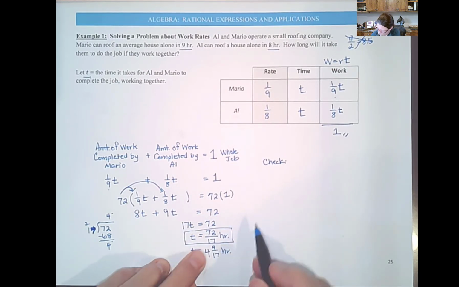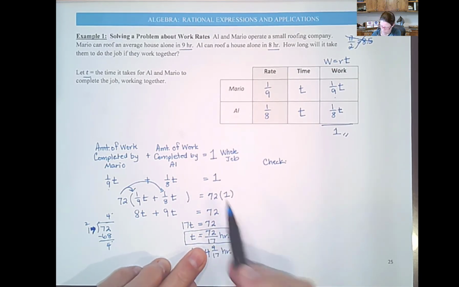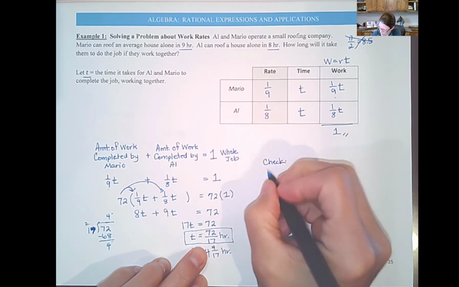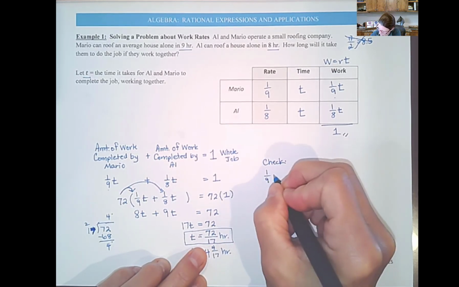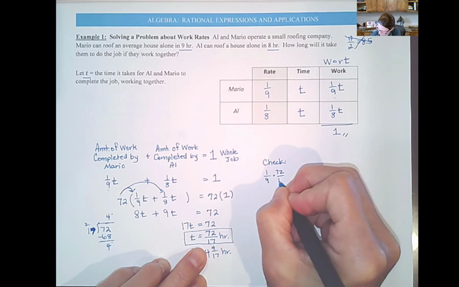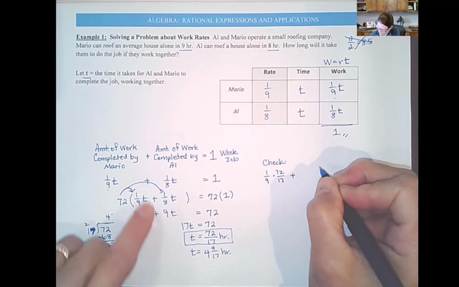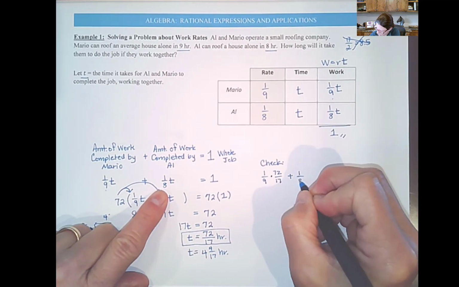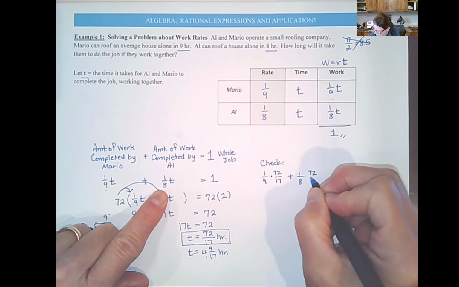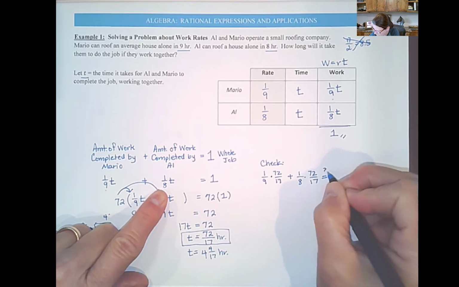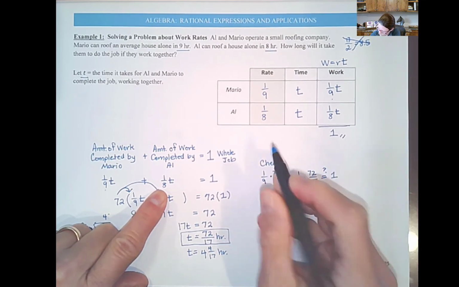Just as a quick check here, as we think about step 6 of the process: if we substitute 72/17 for T in our original equation, 1/9 times 72/17 plus 1/8 times 72/17, is that really going to equal 1 complete job?